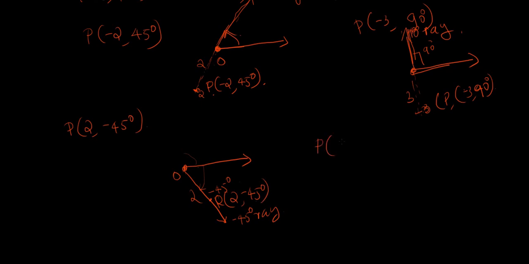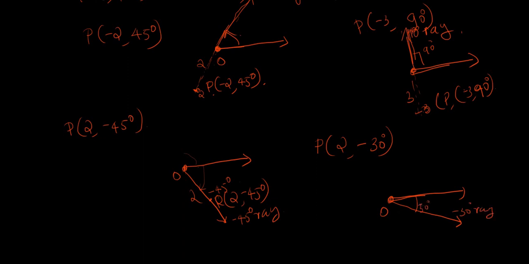And also consider P(2, -30°). First of all, we have to draw the polar axis. This is origin O. This is the -30 degree ray.